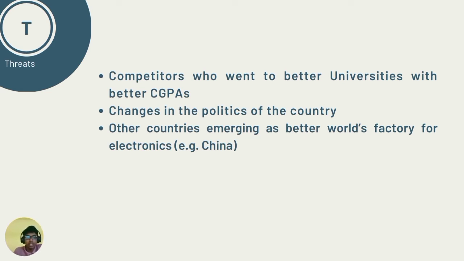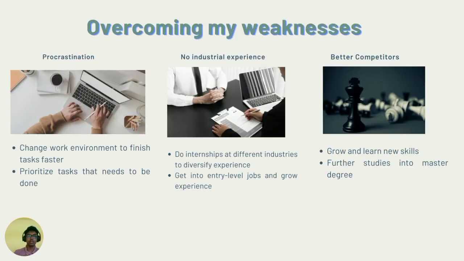Other than that, there are also other countries that could emerge as a better world factory for electronics than Malaysia itself, such as China. This may mean that we would be staying in a workplace that would not guarantee a permanent position.